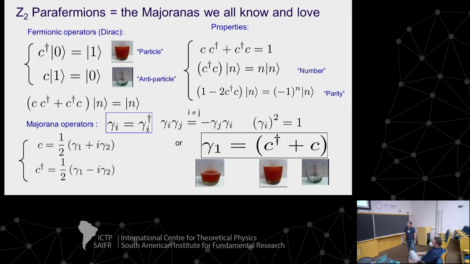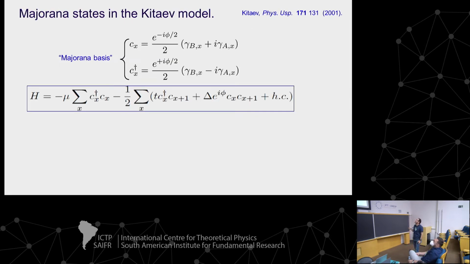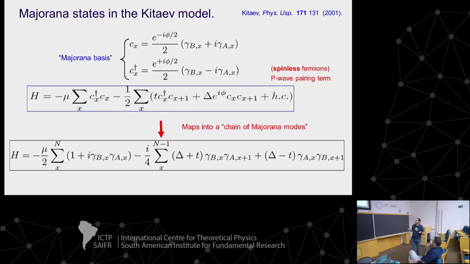And why do we talk so much about Majoranas these days? Well, over 20 years ago, Alexei Kitaev wrote this paper in a rather obscure journal, where he did a very interesting calculation, and he showed that if you write fermions in this Majorana basis, and you have a 1D system that has some P-wave-like superconducting pairing, meaning that you pair fermions on neighboring sites of the lattice, plus some usual hopping and some local chemical potential, this model is sufficient to realize a system where you have a chain of Majorana fermions.